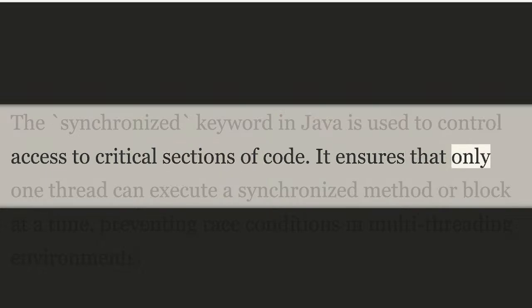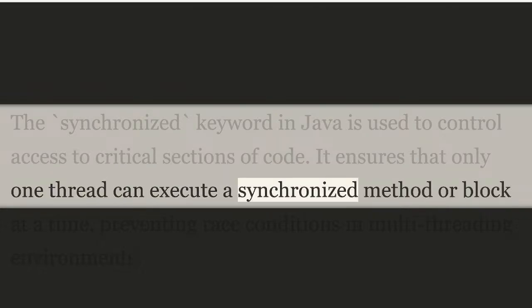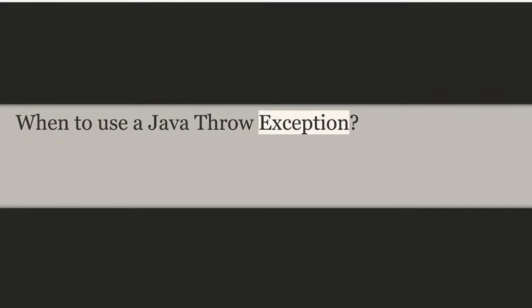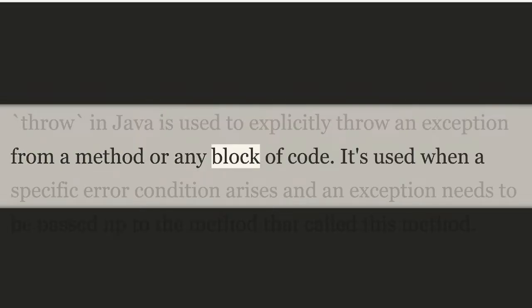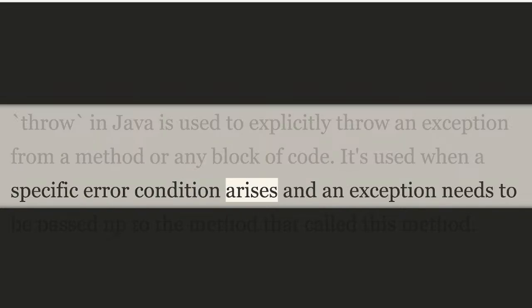It ensures that only one thread can execute a synchronized method or block at a time, preventing race conditions in multi-threading environments. When to use a Java throw exception? Throw in Java is used to explicitly throw an exception from a method or any block of code. It's used when a specific error condition arises and an exception needs to be passed up to the method that called this method.